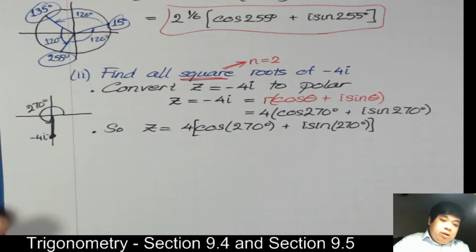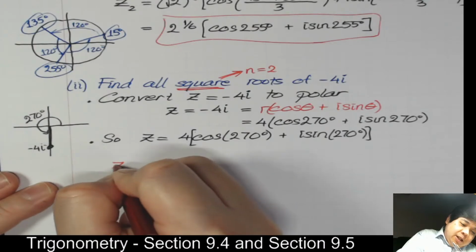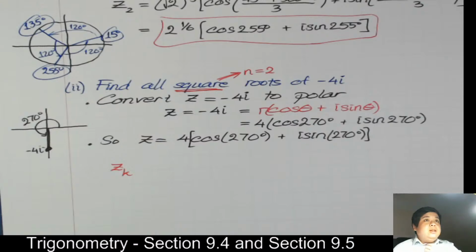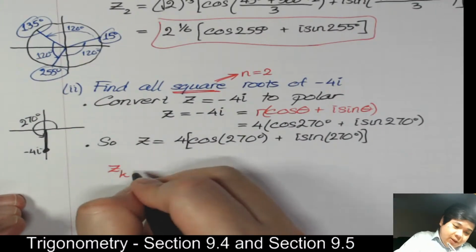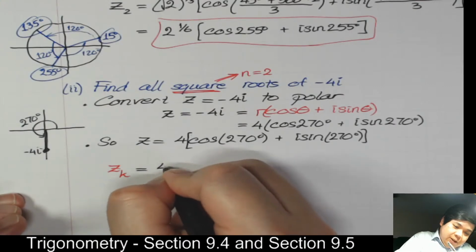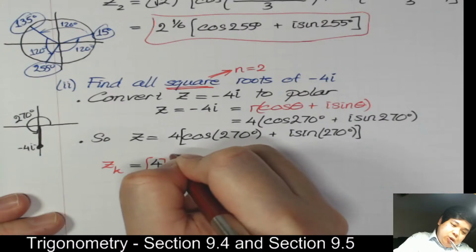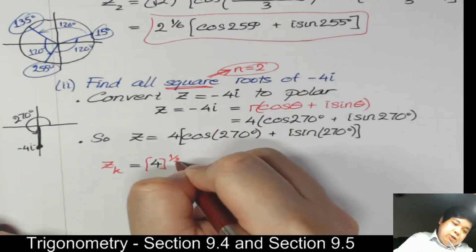Next, we use the theorem. The k-th root: we raise that number to the reciprocal of n, where n equal to 2, so this is 1 over 2.